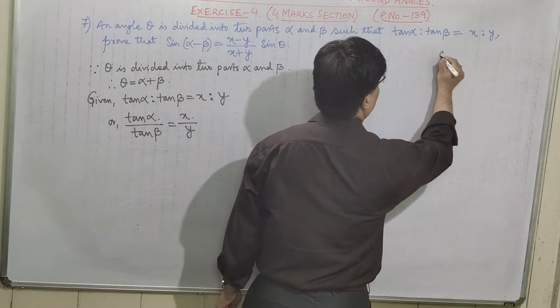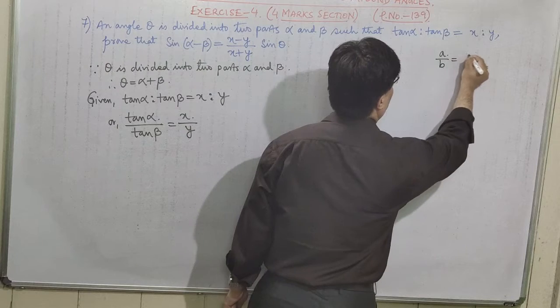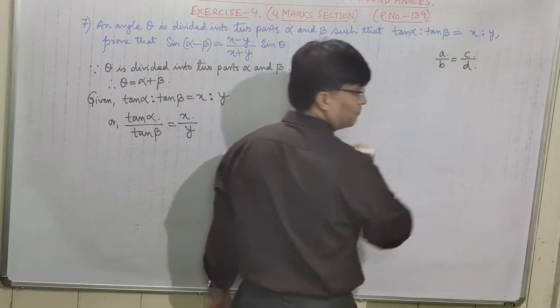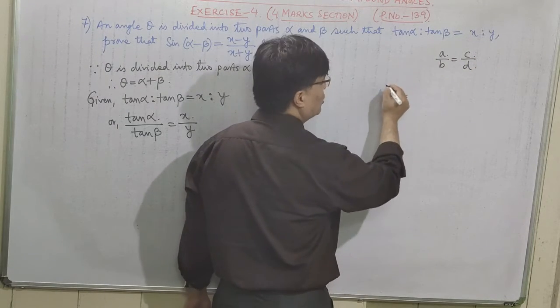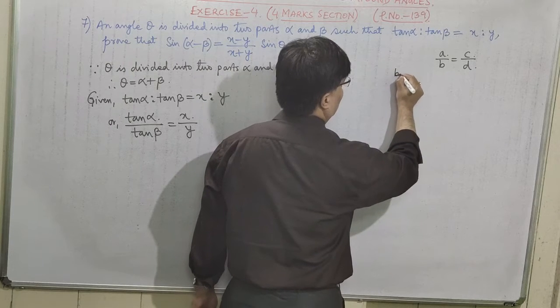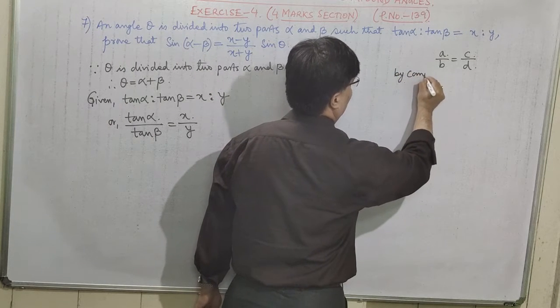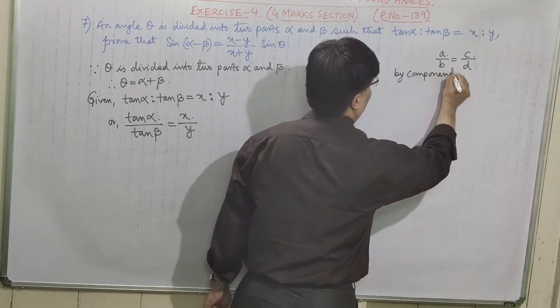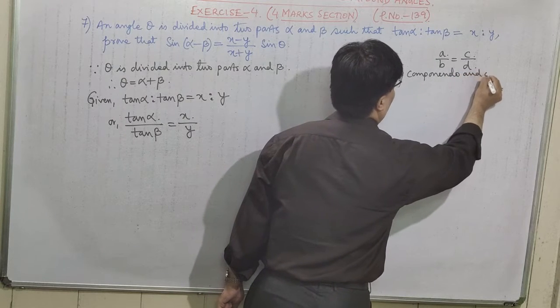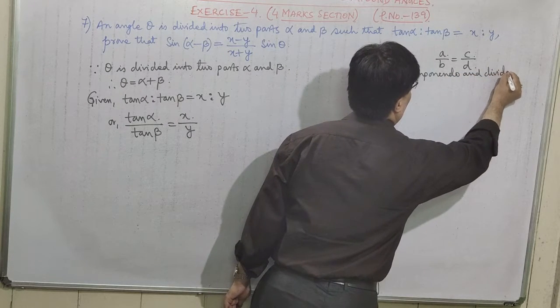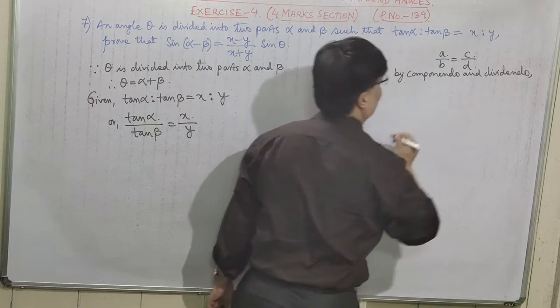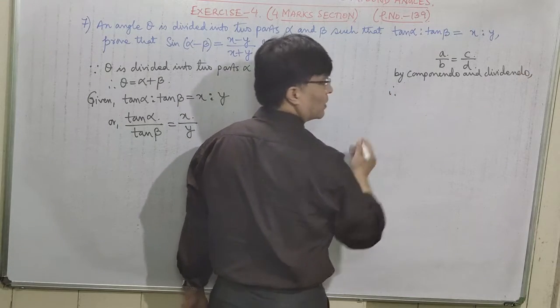Suppose there is a relation A upon B is equal to C upon D. So by componendo and dividendo, what can you write?